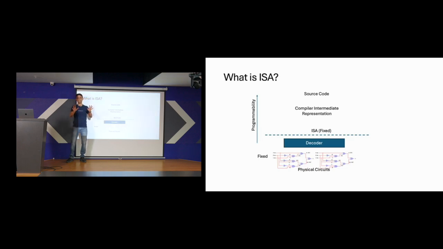Now this is just an example. Don't assume that there is actually a mem copy instruction. All right. But my point is that programmability is much higher here, lesser here, because as you go lower, it becomes physical circuits. You cannot change them. Semantics, much higher here, lower here, correct?